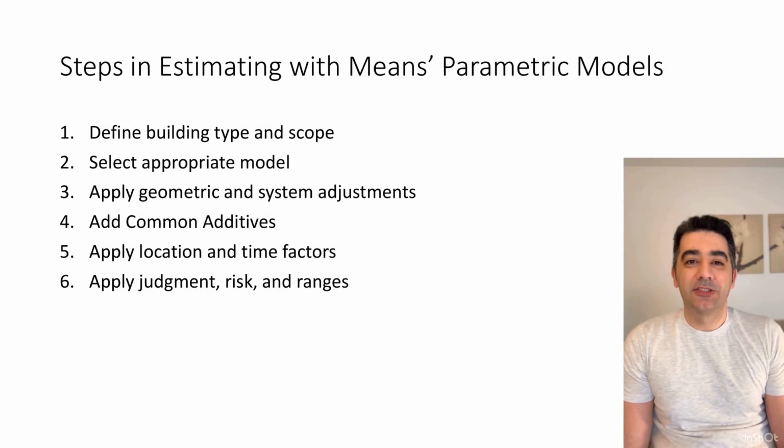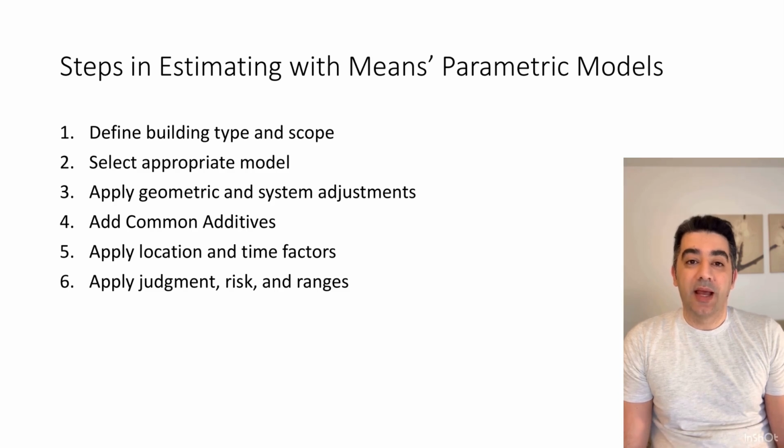This slide summarizes the structured steps for developing a schematic estimate using RSMeans parametric models. We start by defining the building type and scope because selecting the wrong building category or misrepresenting scope will invalidate everything that follows. Next, we select the appropriate parametric model, making sure it aligns with the project's use, height, and construction type. We then apply geometric and system adjustments, things like building size, perimeter, story height, and major system choices that materially affect cost.